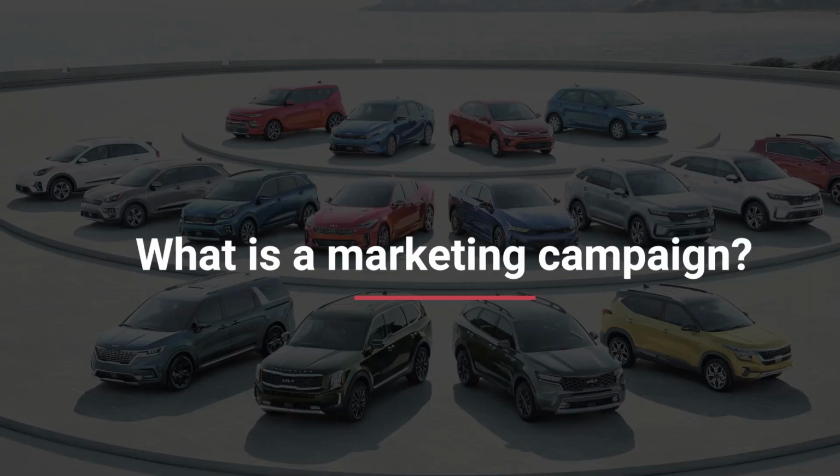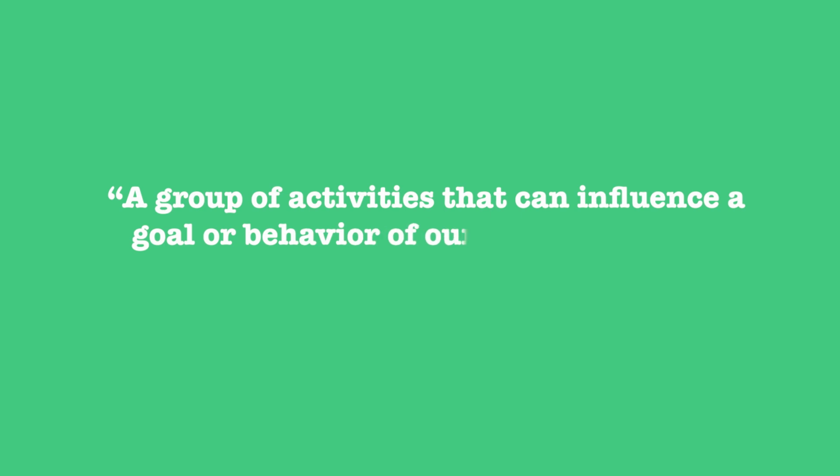All right, so first things first, let's put a frame around it. Let's define a campaign. And I've got it written down right here. A campaign is a group of activities that can influence a goal or behavior of our target market, right? It's a group of things.